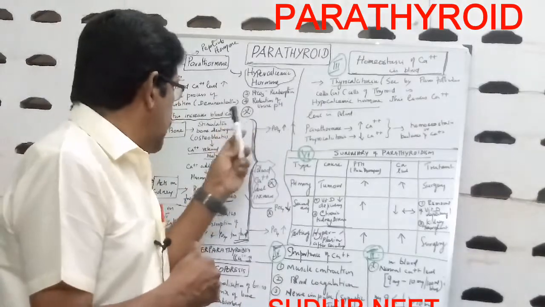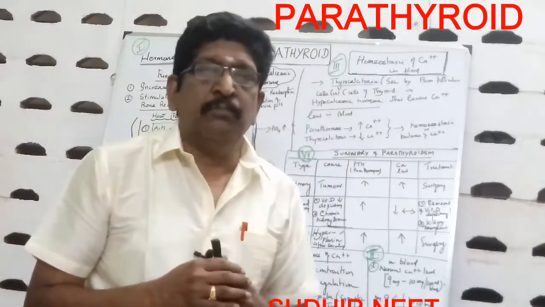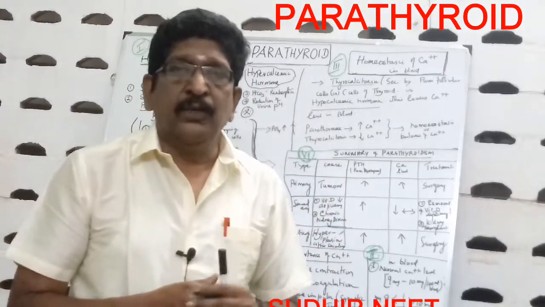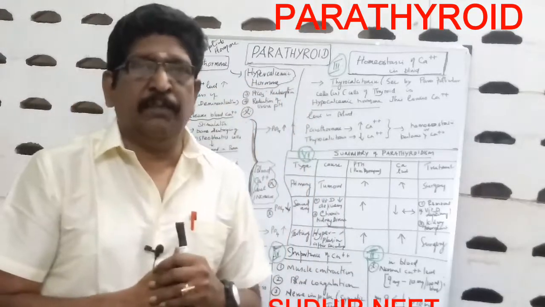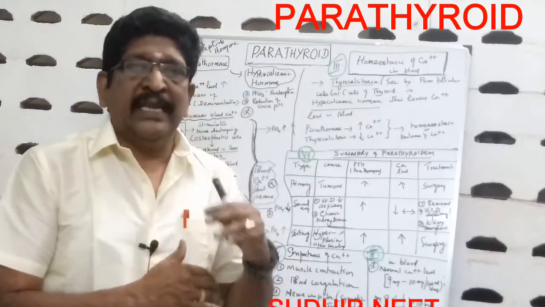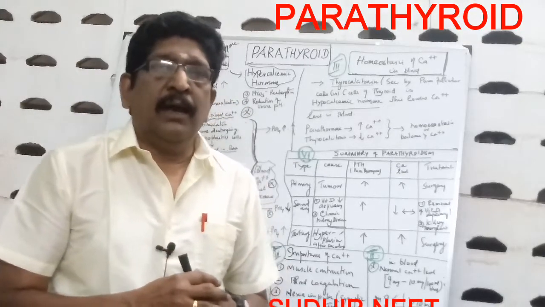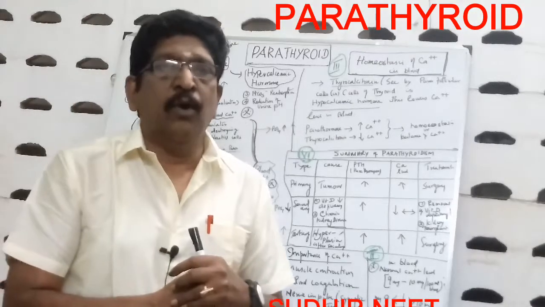By which the calcium is removed from the bones and this calcium is deposited in the blood. So actually bone is the bank of calcium. This hormone increases the blood calcium level by demineralization of the bone.